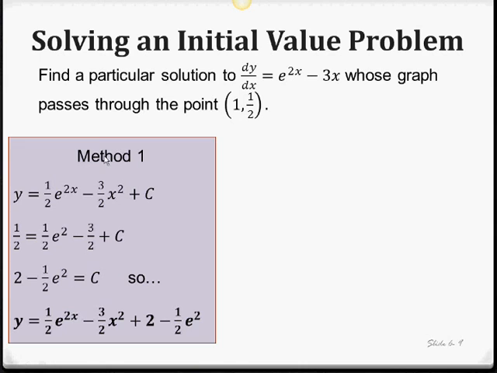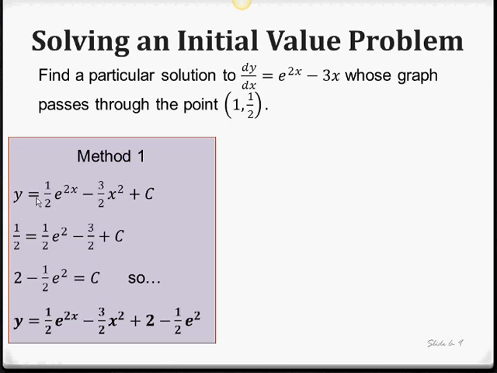Method 1: I know that my antiderivative would be 1/2 e to the 2x. The reason I have to put the 1/2 in front is because of this 2x that I would have to chain on the derivative of.